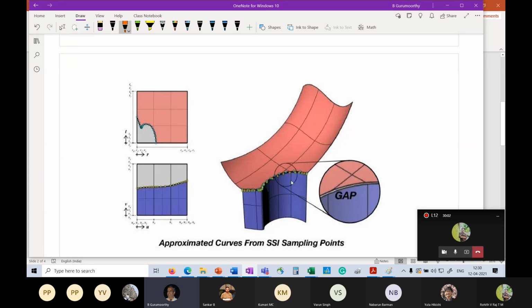They lie on the respective surfaces, but if you look at the intersection curve that you get, there actually is a gap between the two curves. There is one intersection curve on the red surface and one intersection curve on the blue surface, and there happens to be a gap in between the two.